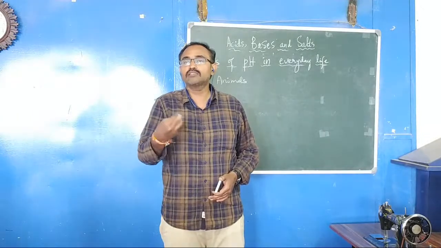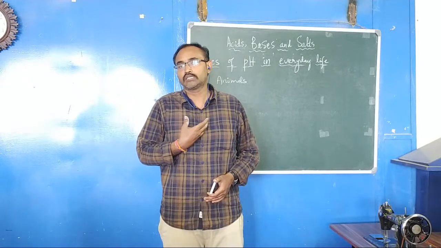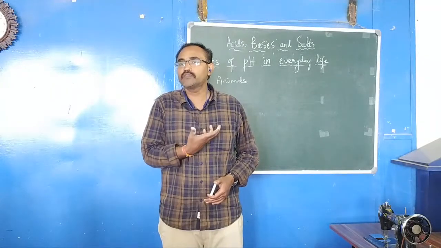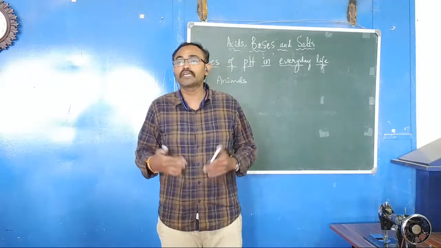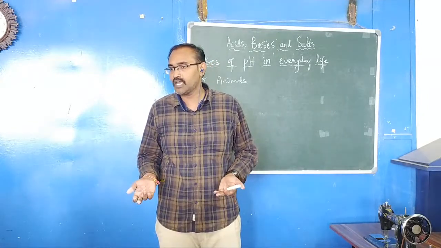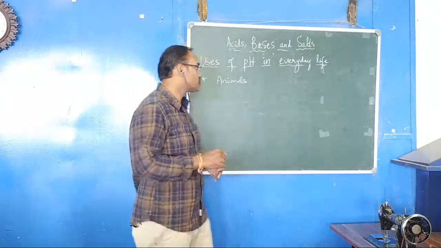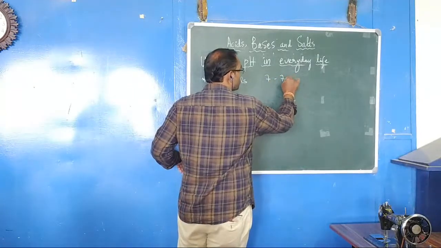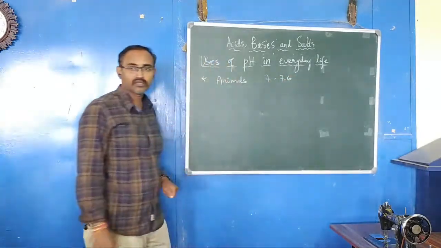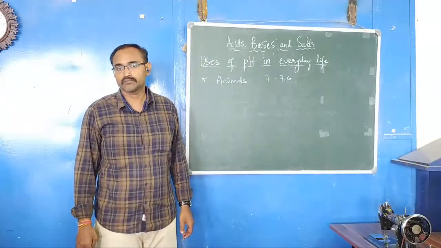A small change is accepted by our body, but if there is a lot of difference in the pH value, then we cannot survive. So from 7 to 7.6, we can survive. This is neutral in nature.